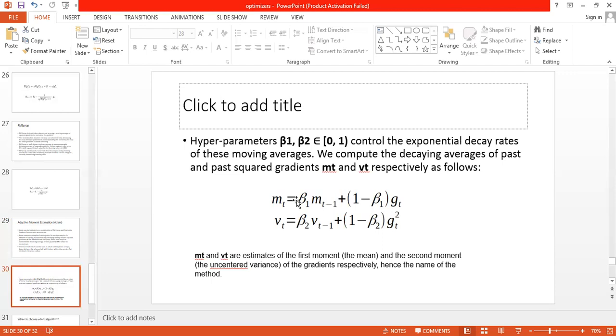This is time stamped with the momentum, and this is the previous gradient average with respect to beta 1 and beta 2. Here G is the gradient average we are calculating.